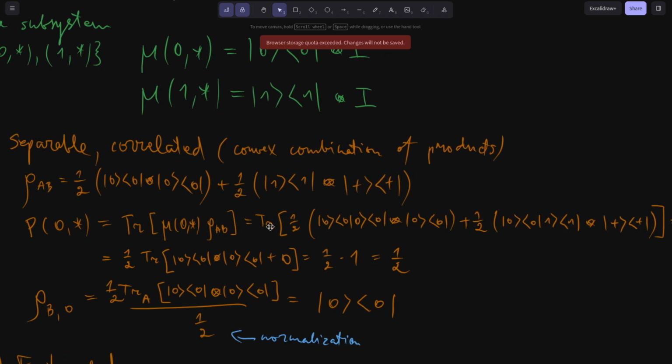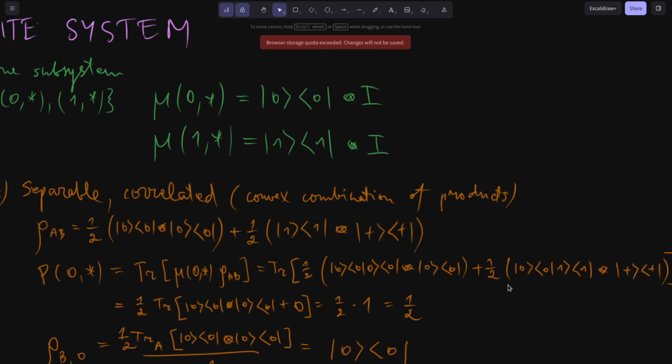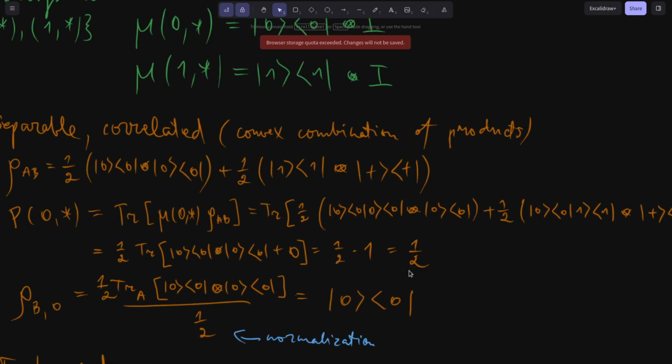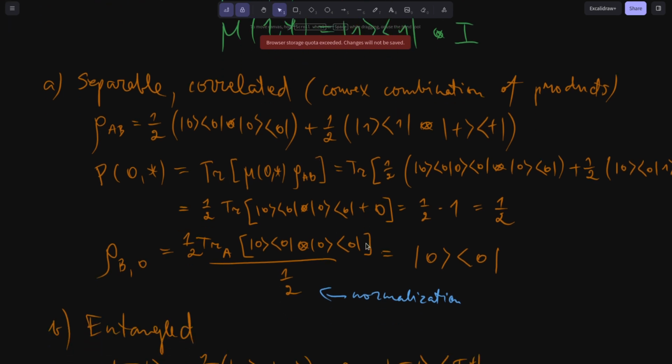So we apply this measurement operator, and again calculate the trace, and we get what? Again 1/2. But now, since we measured only one of the subsystems, we can see that the B system still has a quantum state, and we can find that state using this formula.